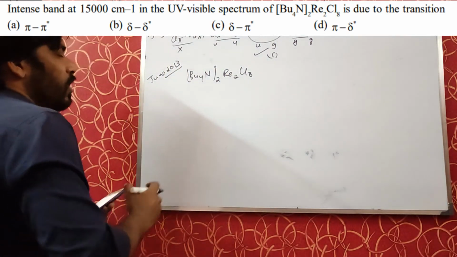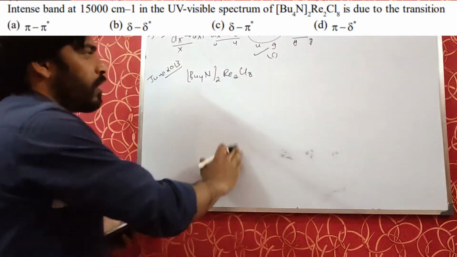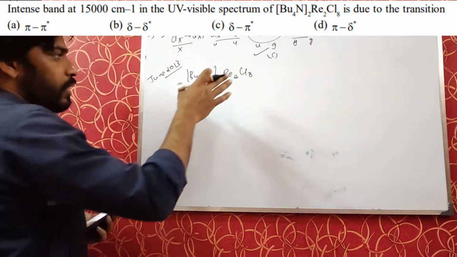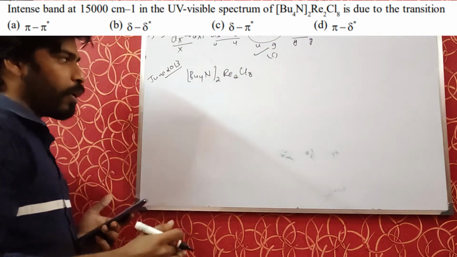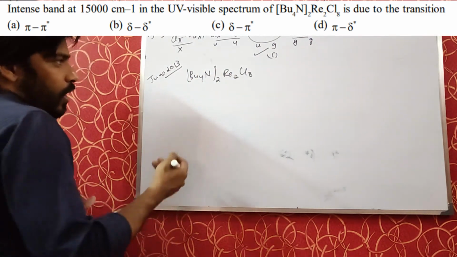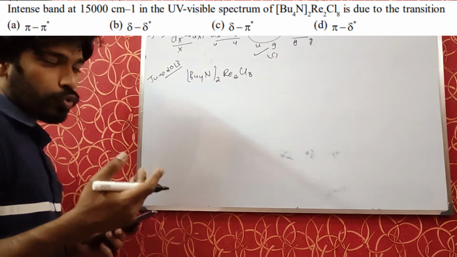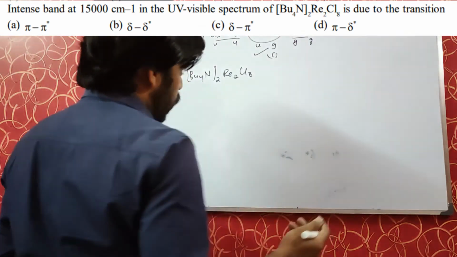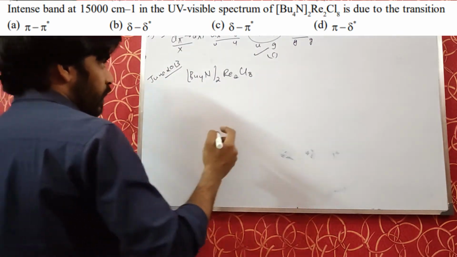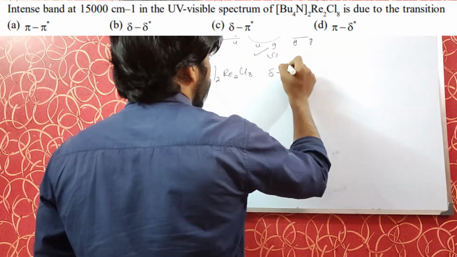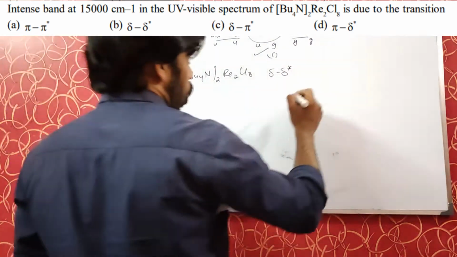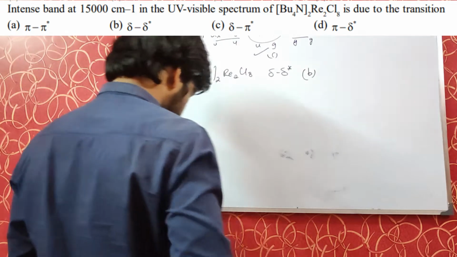Now there is no way to actually figure this out without knowing the property of this specific complex. So you just have to memorize this. It can't be helped, but these kind of questions used to come. So in this case there is delta bond, and the transition is basically because of the delta to delta star transition. Okay, that is given in your option number B.